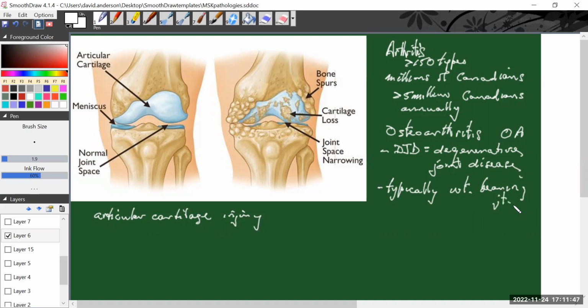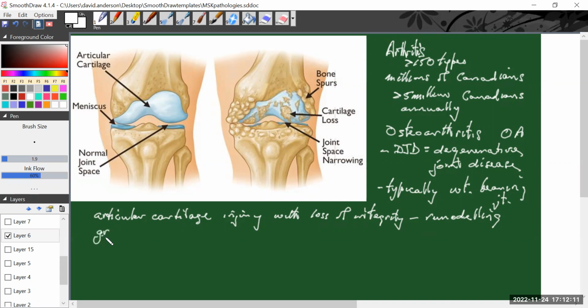So the articular cartilage has an injury, and then there's going to be some loss of integrity from that injury and some remodeling in response to that injury. That's all fine, that's typical, but it creates an imbalance.